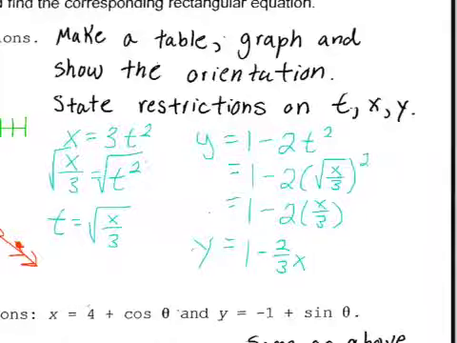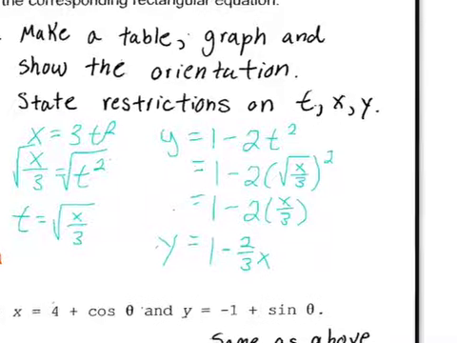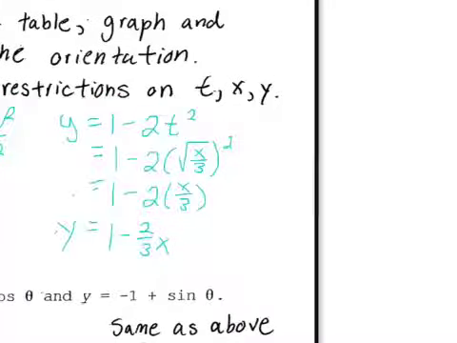For t, we could plug in anything that we wanted. So there are no restrictions on t. We could just say that t is anything between infinity and -infinity. Except I don't need the equal to signs underneath. There we go.